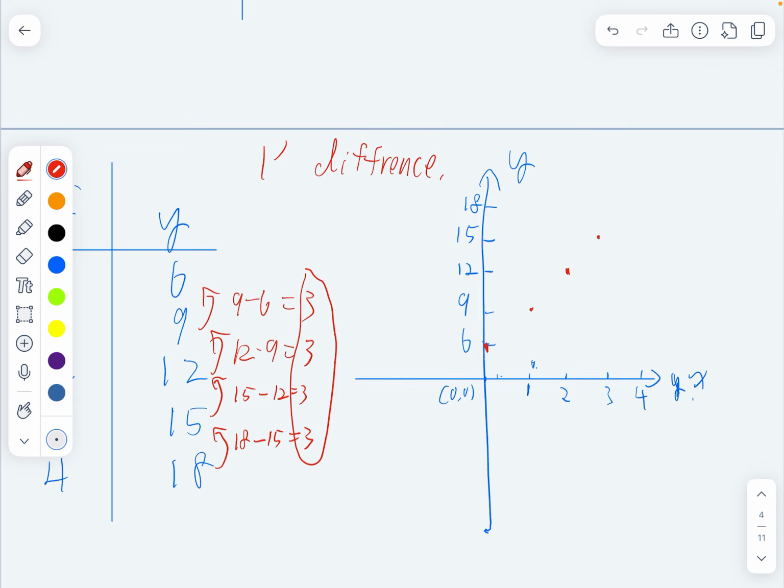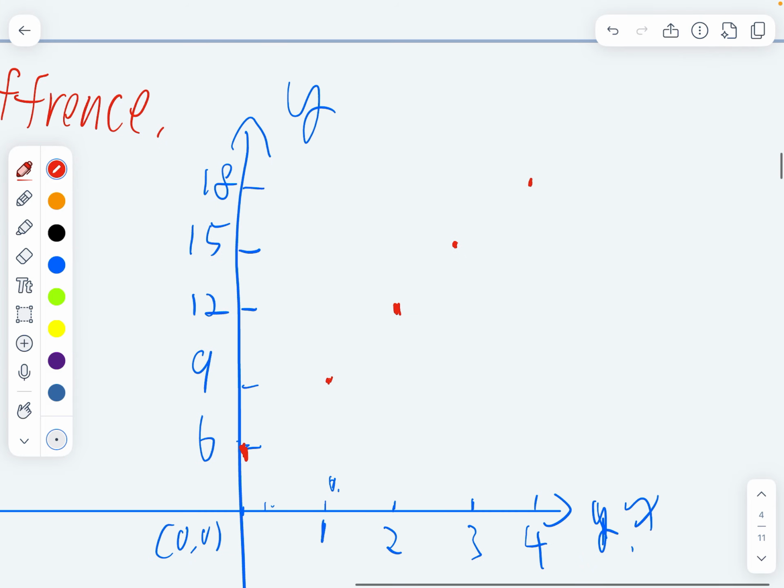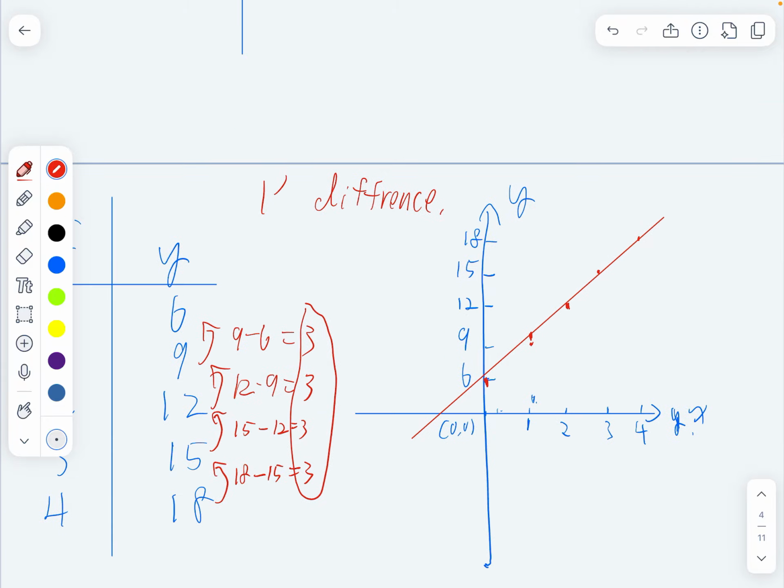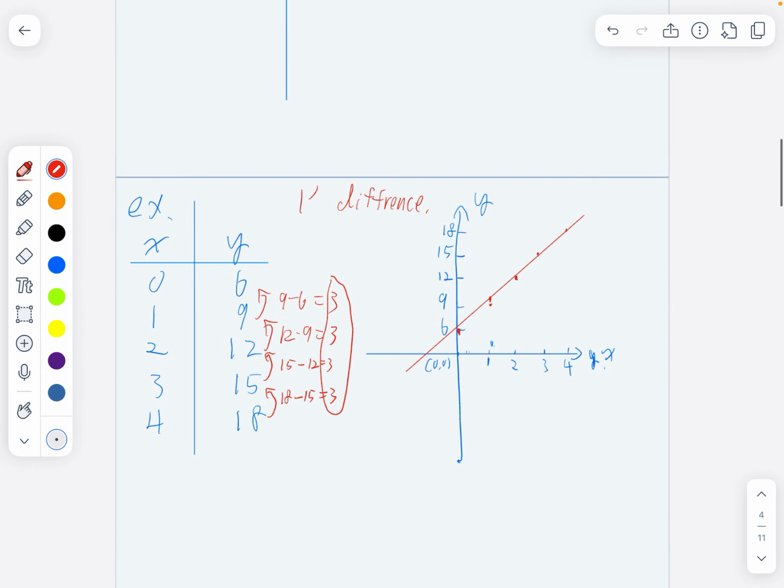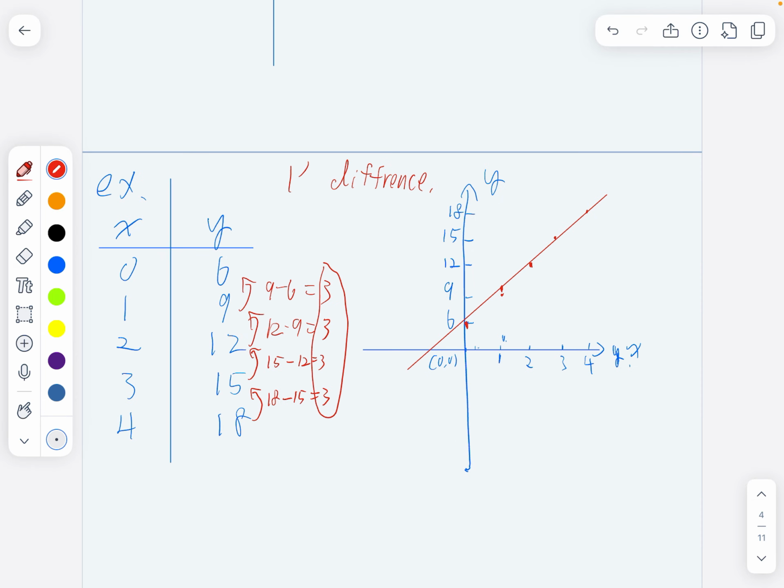The final point is here. Let's draw the line. Okay. That's the end of this example.